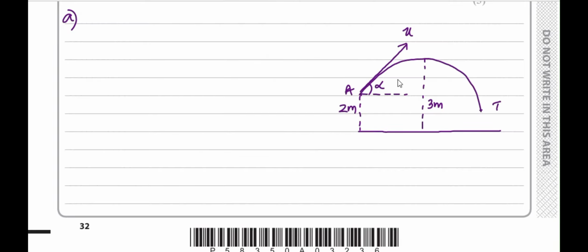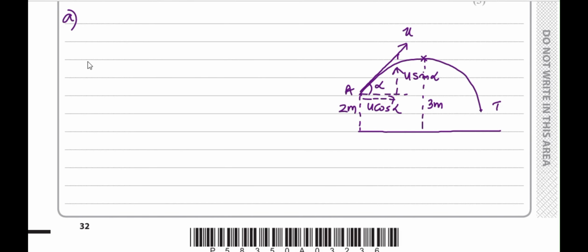I have captured the diagram given in the question here. In projectile questions, we should resolve the velocity into horizontal and vertical components. This is the vertical component, this is the horizontal component. So if alpha is the angle, the vertical component will be u sine alpha and the horizontal component will be u cos alpha. The question says that the highest point reached by the ball is 3 meters.